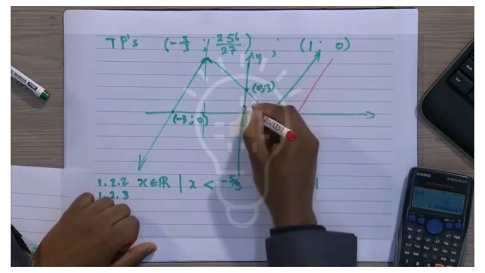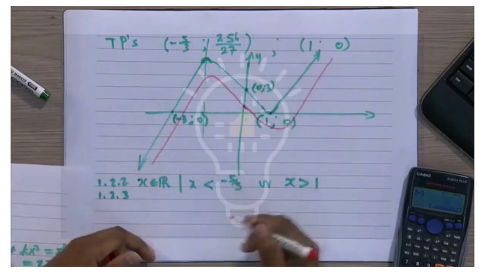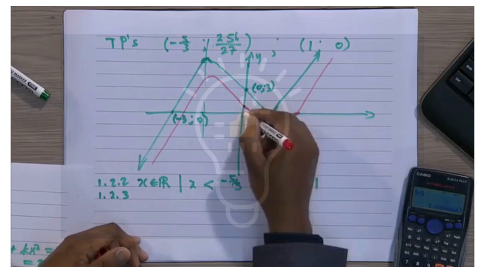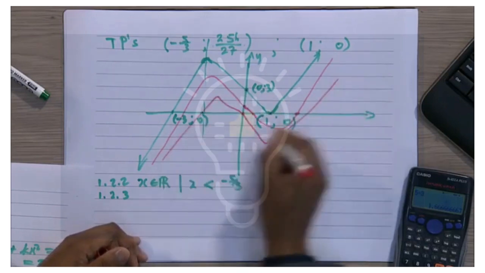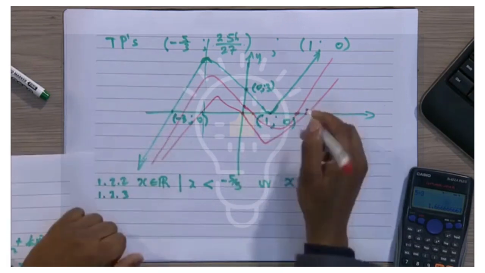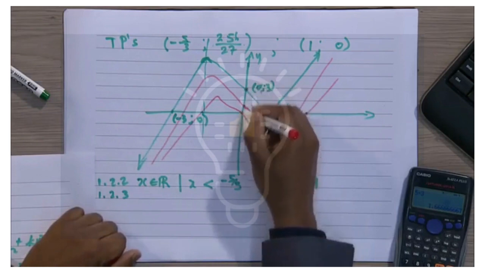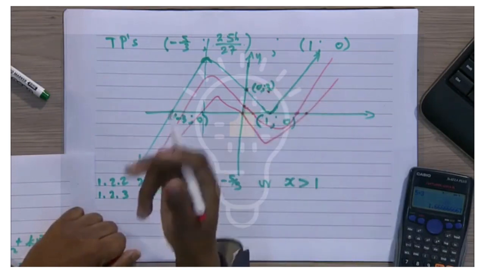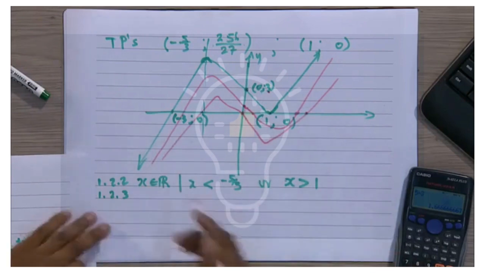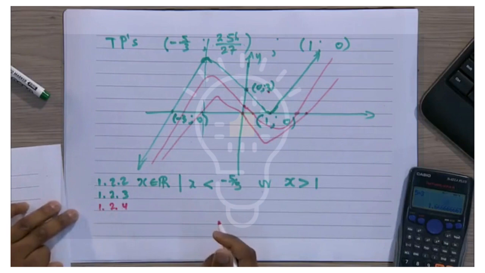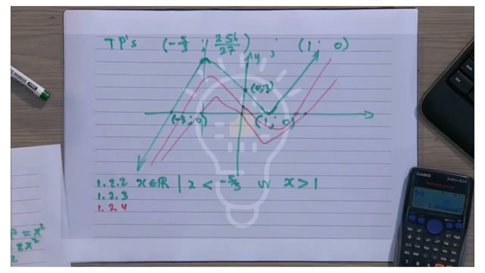You can see that we're shifting everything downwards, and we'll be having 2 positive real roots. But if you shift it further to 3 units down, we'll be having 1 positive real root. If you keep on shifting it downwards, you'll be having only 1. So that means there is a limit. If we shift this graph less than 3 units, then we'll always have 2 positive roots. I'm just trying to run through everything, but I don't think I will be able to in the time that we are given.